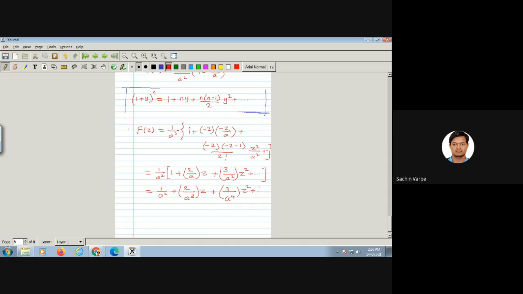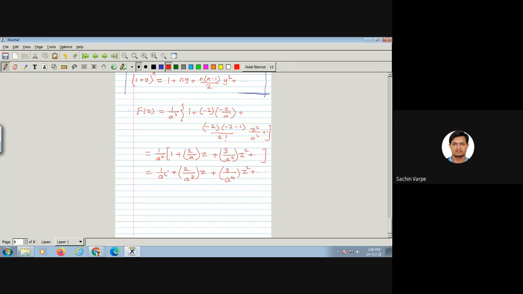Can you guess the coefficient of z raised to plus k? The first one is the coefficient of z raised to 0. So here, therefore, the coefficient of z raised to plus k is equal to, can anyone tell me? You can see that in the numerator it goes on increasing like 1, 2, 3.